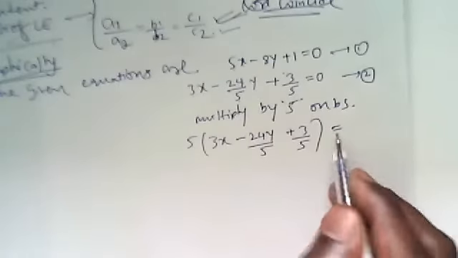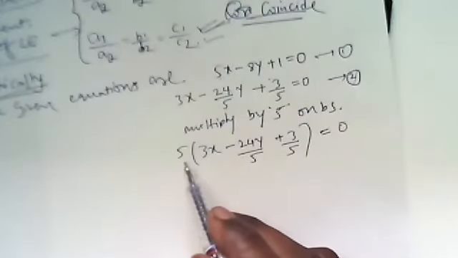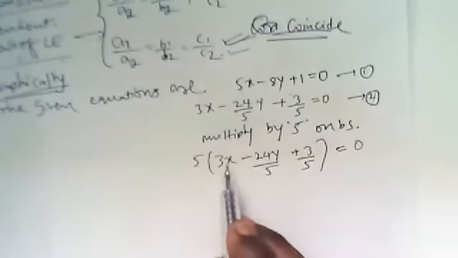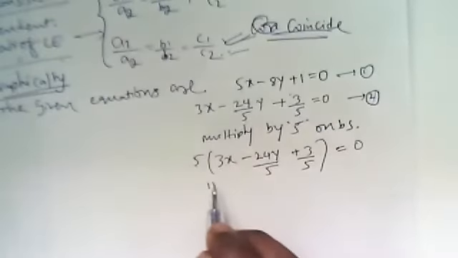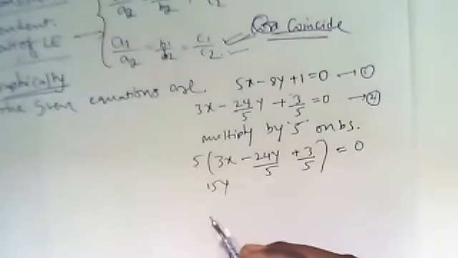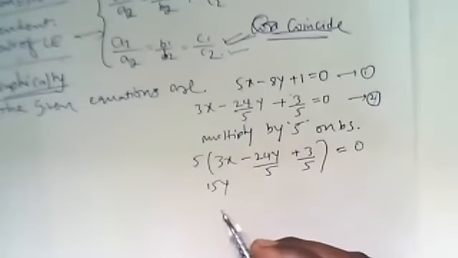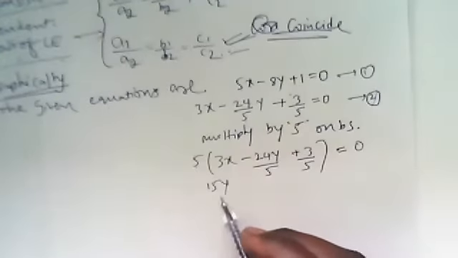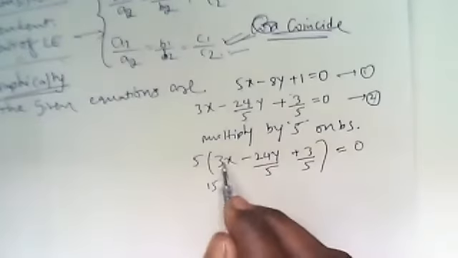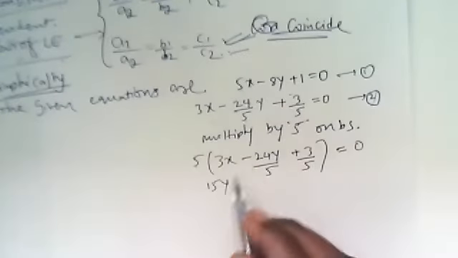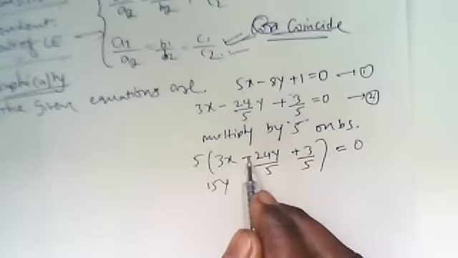Zero. Therefore, you can write it as 0. Now multiply the LHS. 5 into 3, it is 15x. Here there is a minus, here plus.